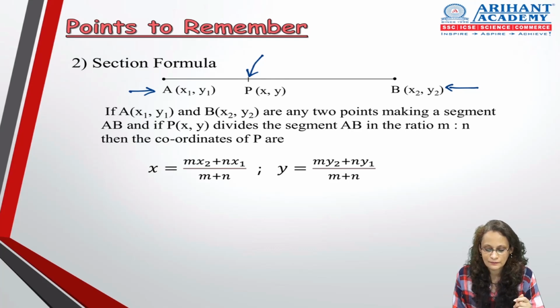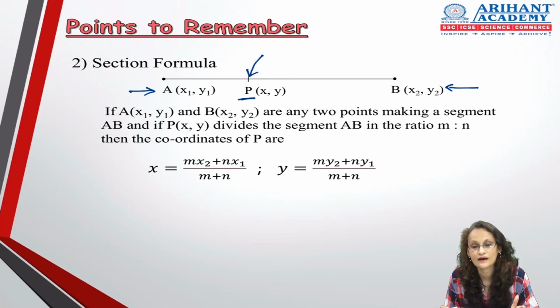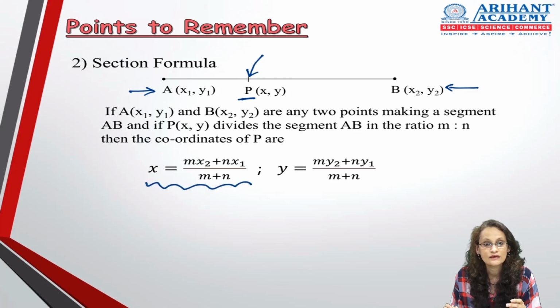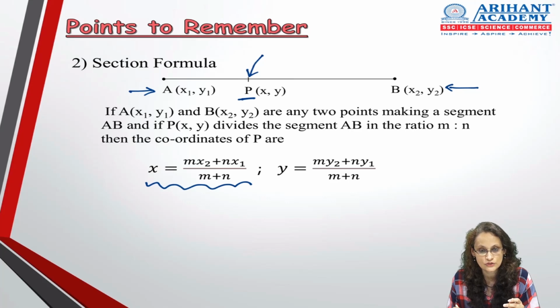If you look in the diagram, you will see that this point P is dividing my segment AB into 2 parts, so the ratio will be m is to n. Then the coordinates of P are, and this is my formula for the x coordinate of P, which is x is equal to mx2 plus nx1 upon m plus n.